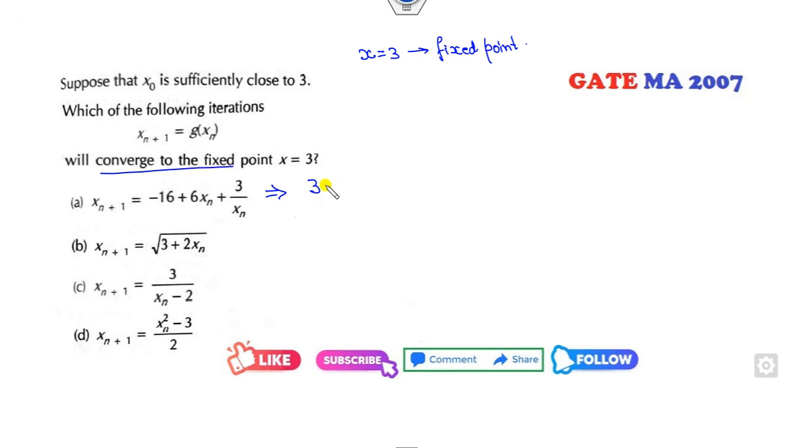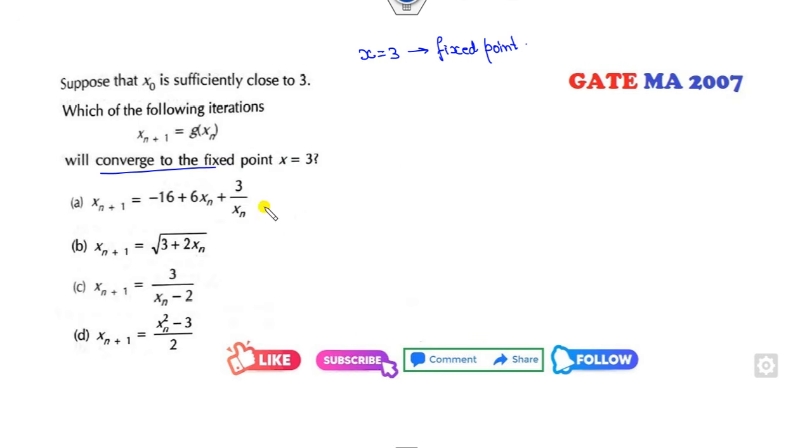If 3 is not the fixed point, you can discard that option. 3 plus 1, yes, it is satisfied. In this case 3, 6, yes, again satisfied. 3 minus 2 satisfied. 9 minus 3 over 2, yes, all are satisfied. So none of the options is discarded.